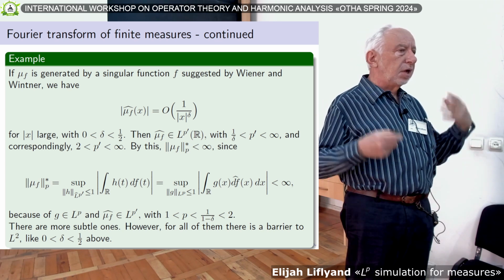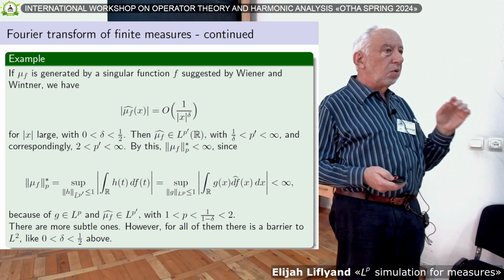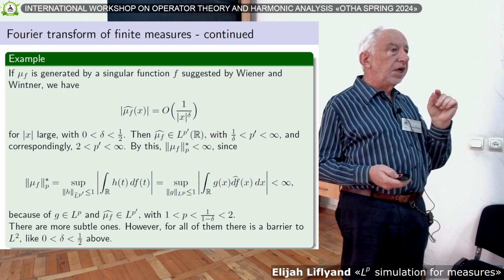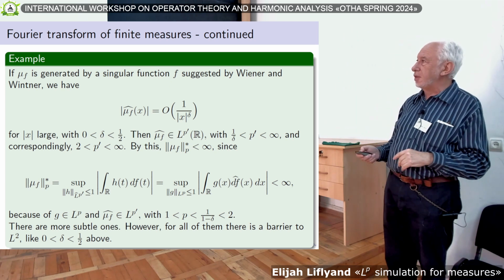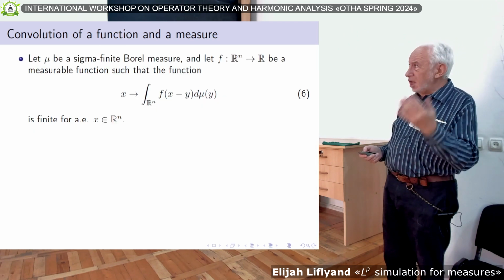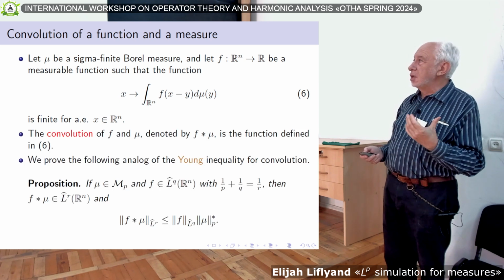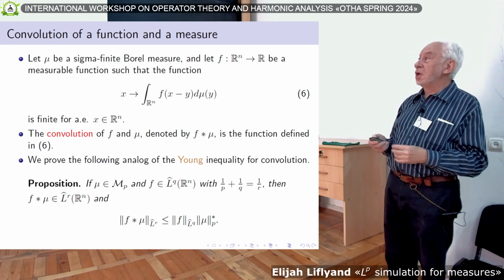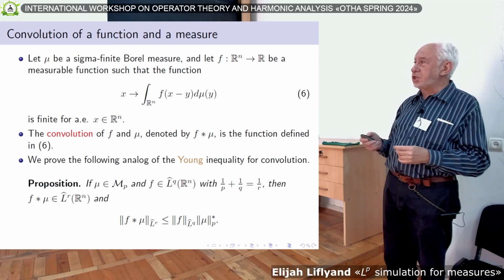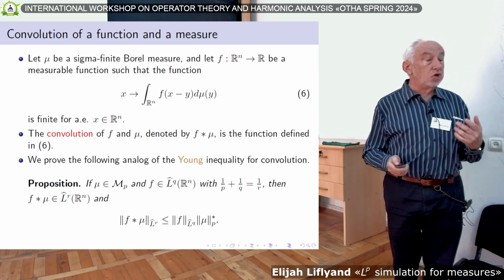After that, there were papers by Ivashov-Musatov, Körner, many people, with very delicate estimates of this behavior, but for us this one is enough. Convolution can be considered with a more or less standard looking Young inequality, but of course, as always here, with different norms.